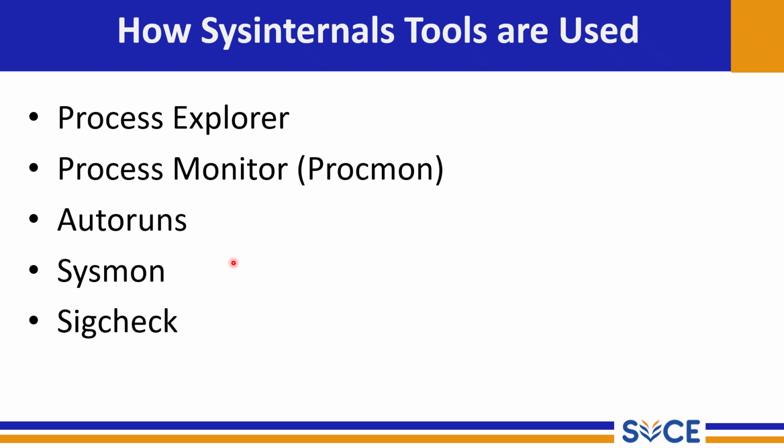Handle shows information about open handles for any process. RootkitRevealer is an advanced rootkit detection utility, and Desktops creates up to 4 virtual desktops.